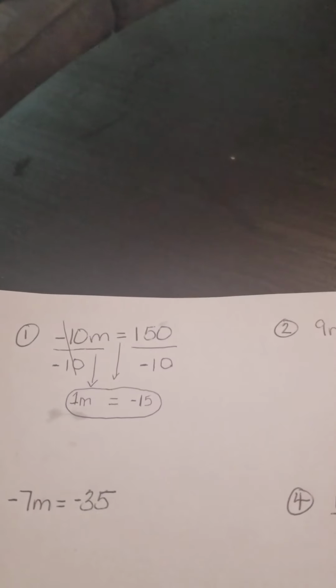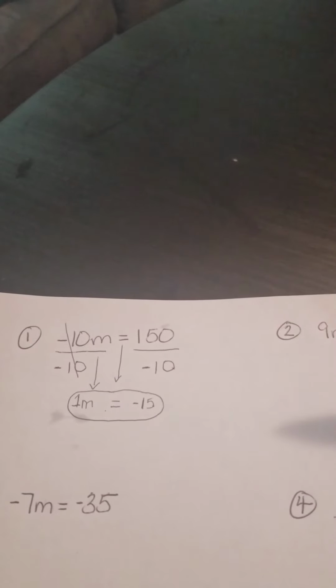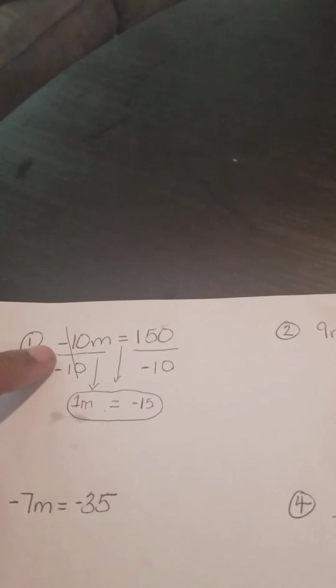So our answer for negative 10m equals 150 is m equals negative 15. Okay, so when we check it, we can say negative 15 times negative 10. Now what happens when we have a negative times a negative? We get a positive number. Okay, so that's the first example, when we have a negative on this side.